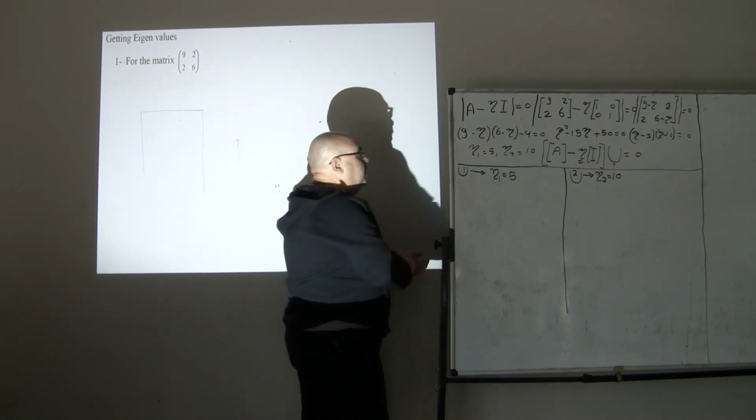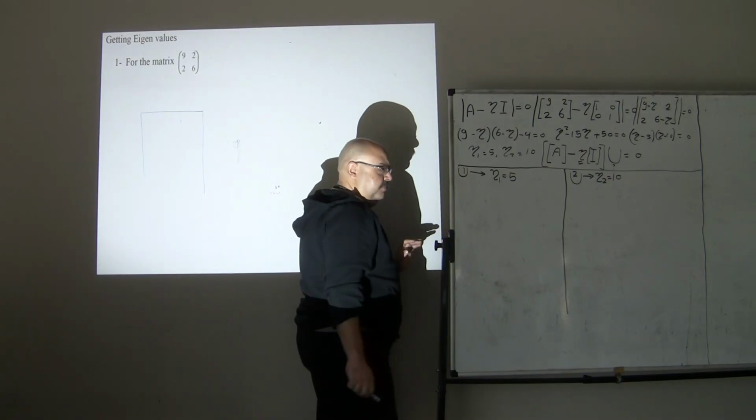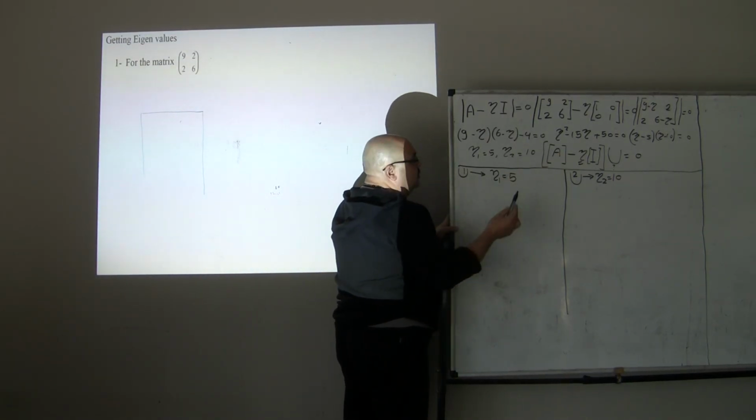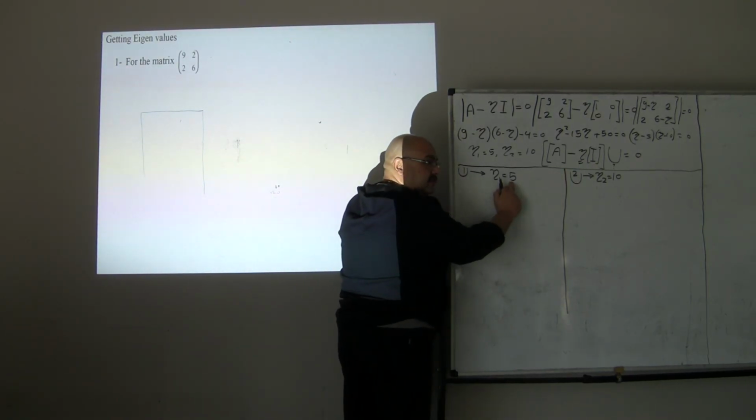Okay. Now, don't try it, don't do anything, just focus on it. I will do the substitution here. So I'm substituting eta by the value of 5.